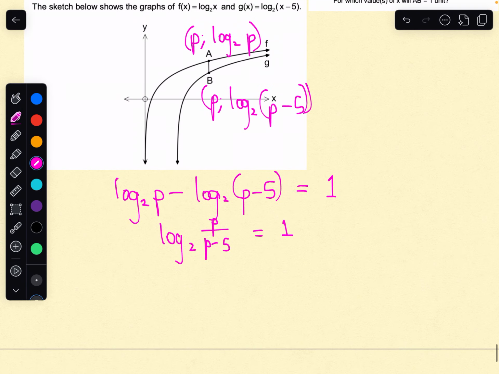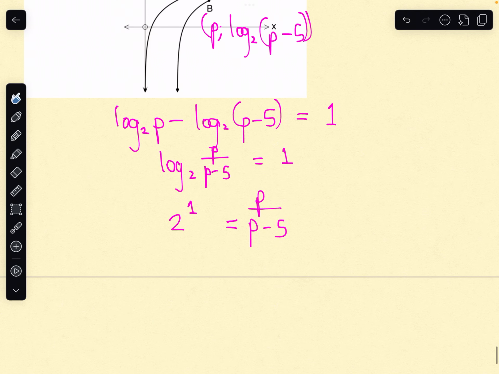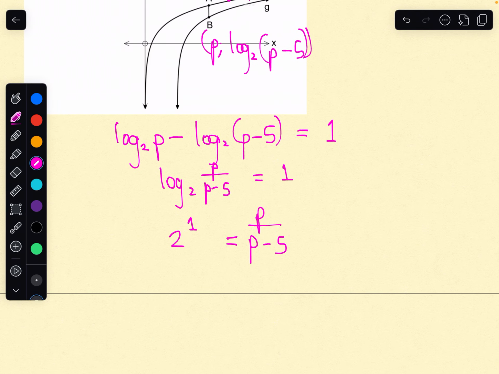So then again we rewrite this in exponential form. 2 to the power of 1 is equal to P over P minus 5. So we have 2 is equal to P over P minus 5.